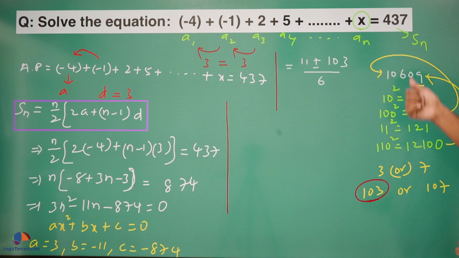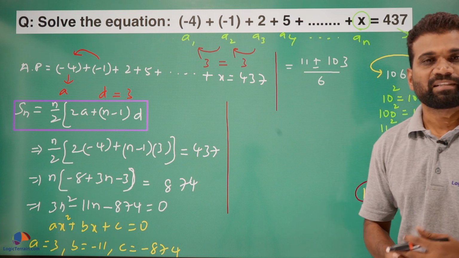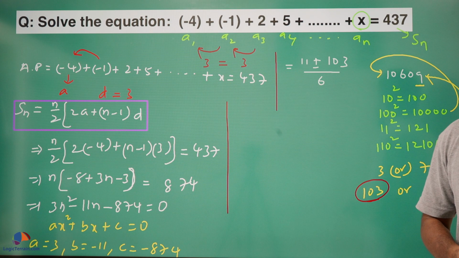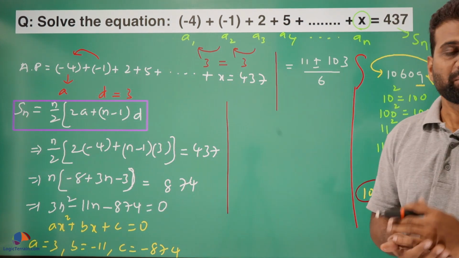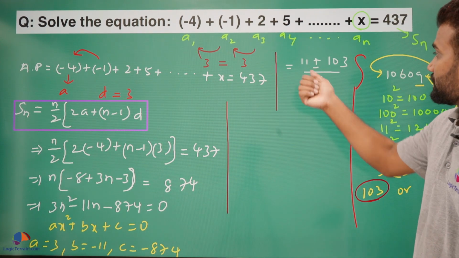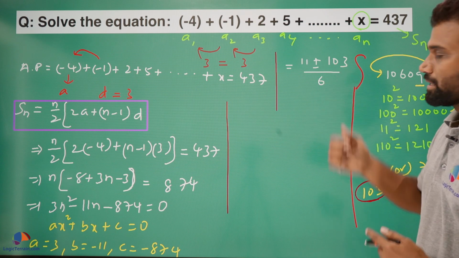So this way we can find the square root of any given number without using a calculator or anything. Clear? So from here, we got 11 plus or minus 103 upon 6.